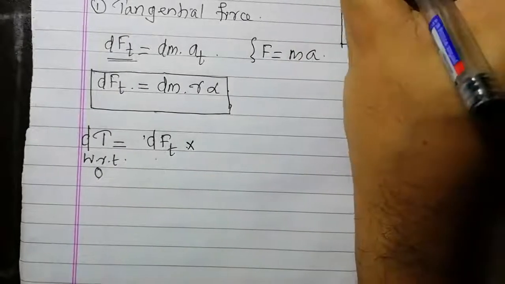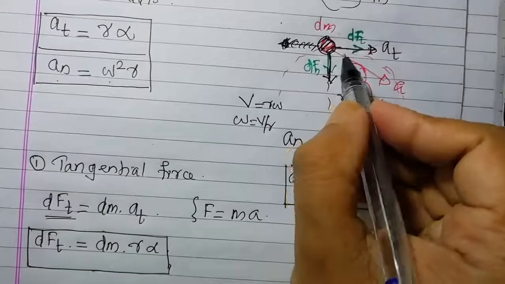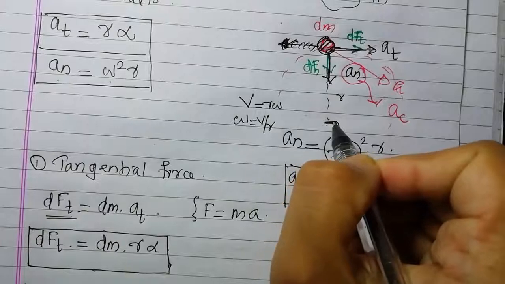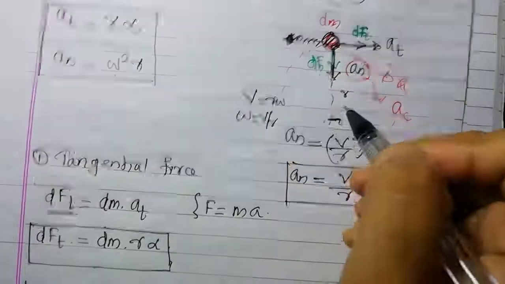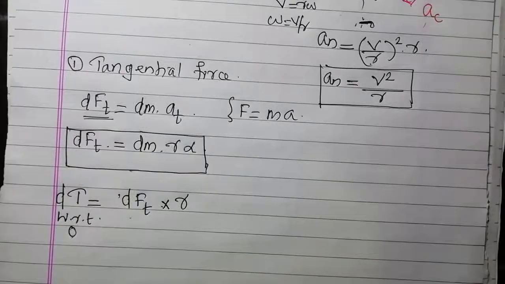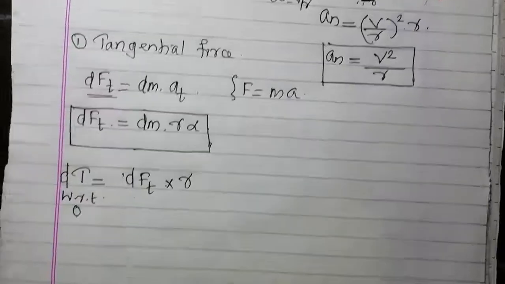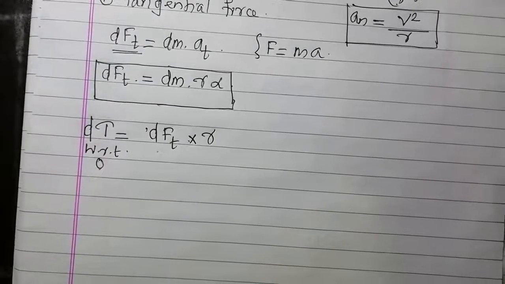That means this is the dFt, this is the force, and this is the point O about which we are calculating the moment. So the perpendicular distance is r, so into r. Clear? dT is equal to dFt into r.